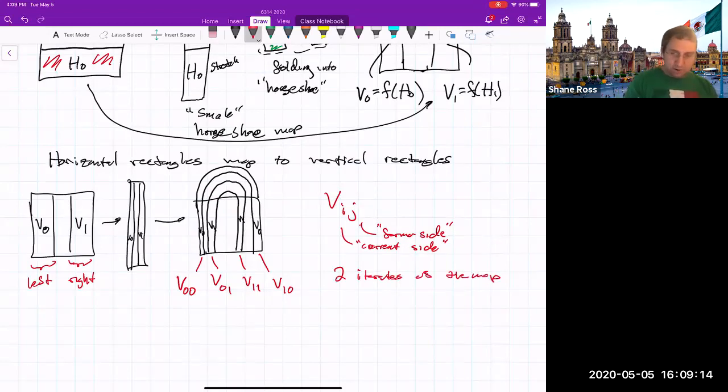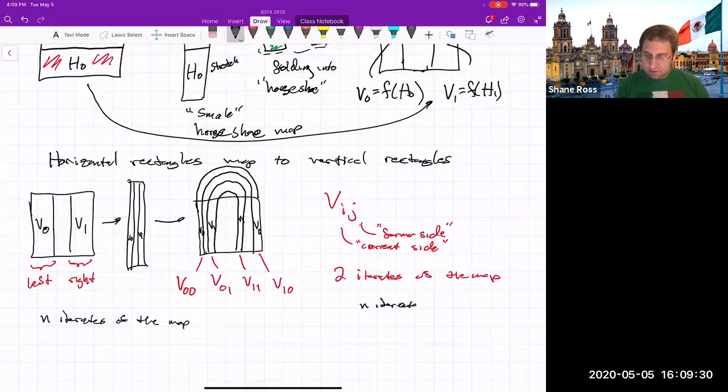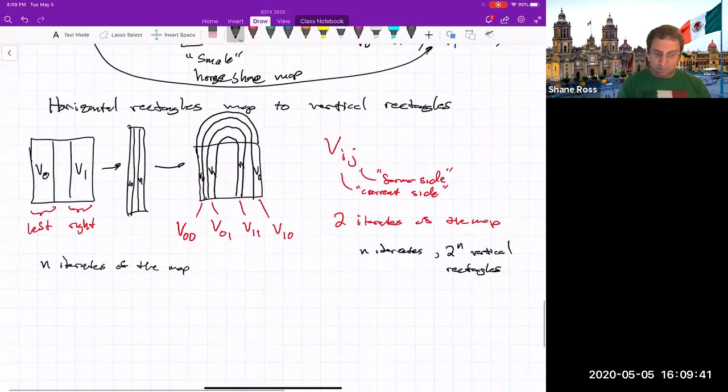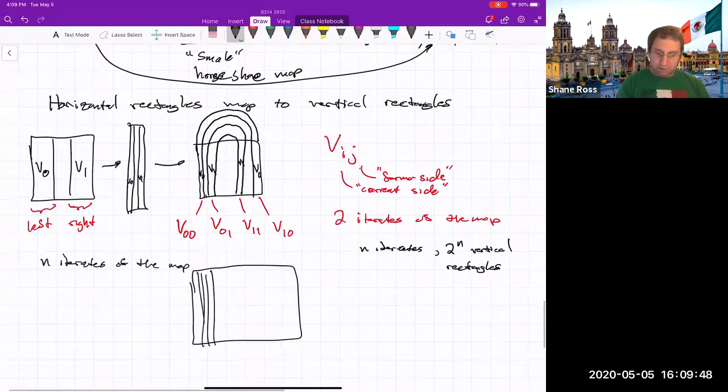We could do n iterates of the map. And hopefully you're seeing what's happening. At each step, if we have n iterates, we're going to have 2 to the n vertical rectangles. So it's going to grow pretty rapidly. But we have a way to systematically write the address. After n iterates they don't intersect, so I can't really draw that.